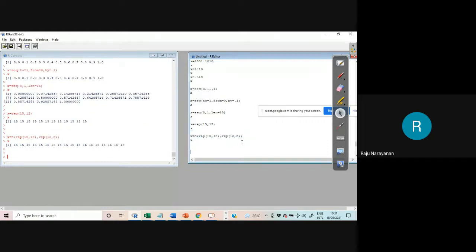Yeah, 15 you can see 10 times, 16 you can see 8 times. It is better, no? Otherwise you have to count, and you may make so many mistakes. You have to count every time: 1, 15, 2, 15, 3, 15, etc.